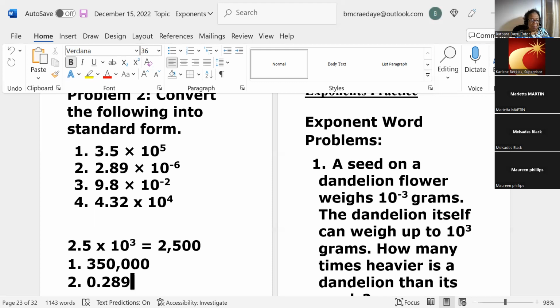Now, if you move the decimal point between the 2 and the 8, how many places do you move it? 8 places. So you know that's not right, because you've got a -6 here.